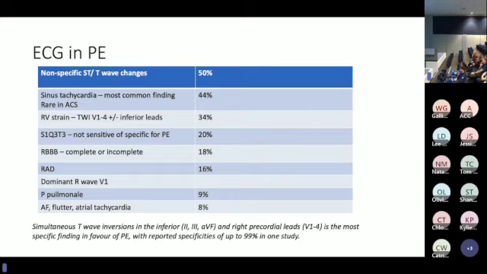But the most common thing you'll find is non-specific ST T-wave changes, which is usually suggestive of right ventricular strain, sinus tachycardia, RV strain, right bundle, right axis, dominant R wave in V1, and then just some other sort of atrial arrhythmias. And they say simultaneous T-wave inversion in, I think it's mostly V1 and lead 3, but in inferior and right precordial leads is the most specific finding in PE, according to a study.